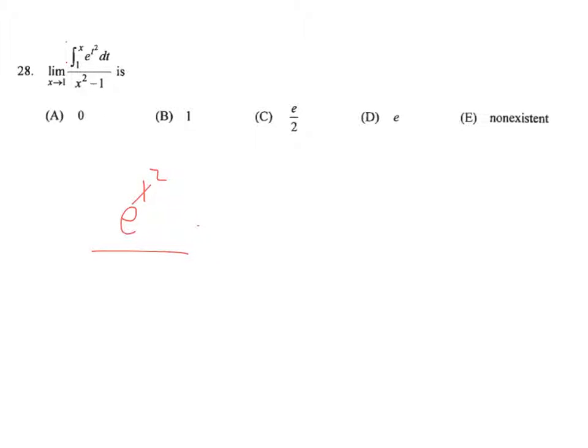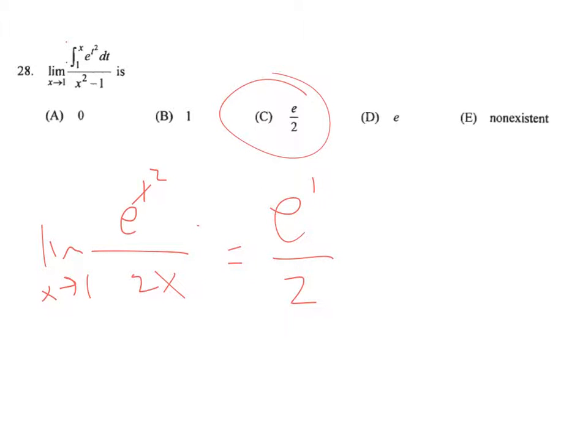Over, and the bottom, if you take the derivative there, 2x. And then we look at the limit as x goes to 1. Up top, we're going to get e to the first squared, so e to the first over 2. So there it is. 28 is C.